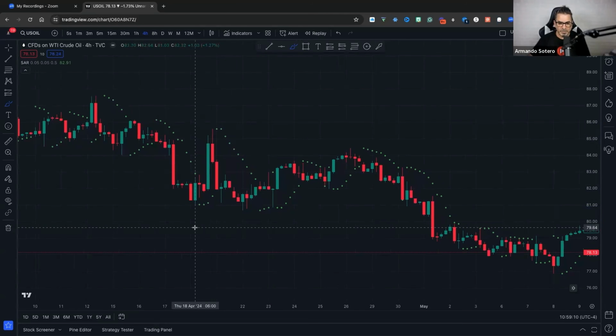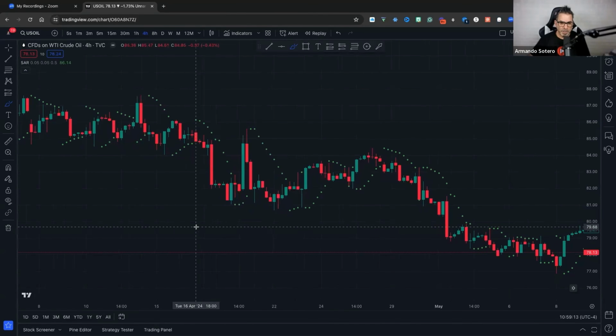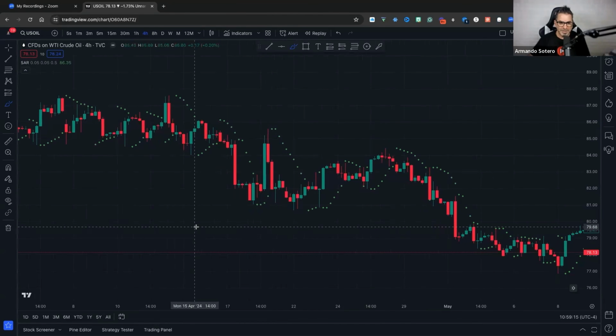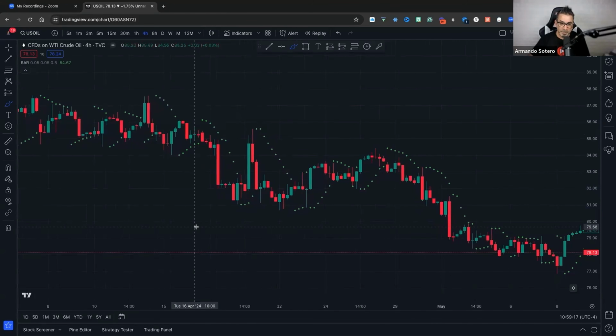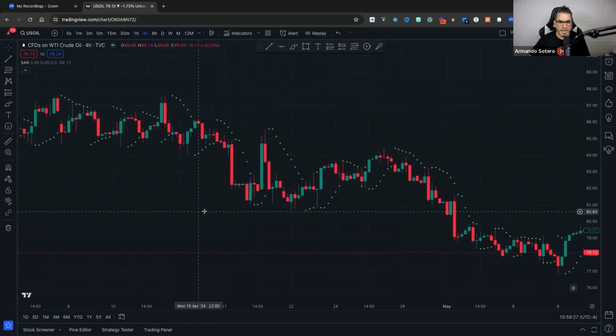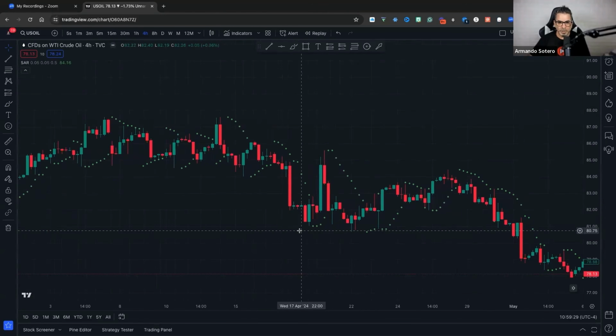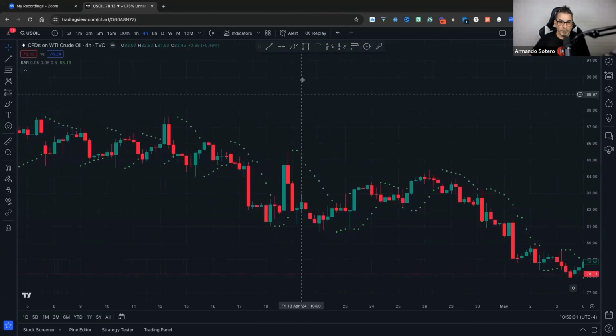Now, that being said, what you want to do is combine the SAR with a simple support and resistance and maybe even Fibonacci if you like that. So for example, I told you we were going to take this area right here. What you should be doing is looking at the structure by looking at previous support and resistance.